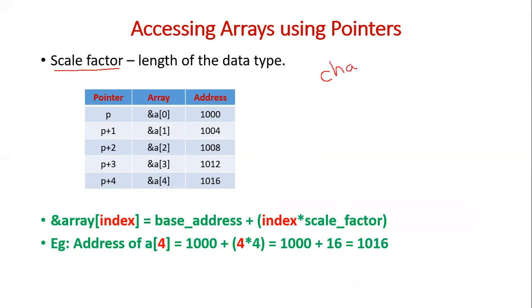If you take character, it occupies only 1 byte of memory, so the scale factor of character is 1. If you take integer, integer occupies 4 bytes, so the scale factor of integer is 4.